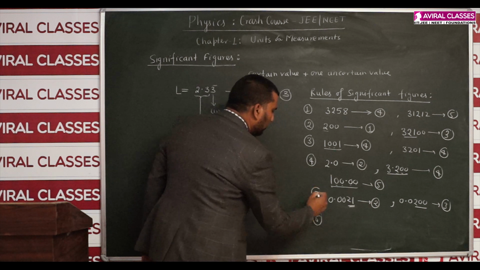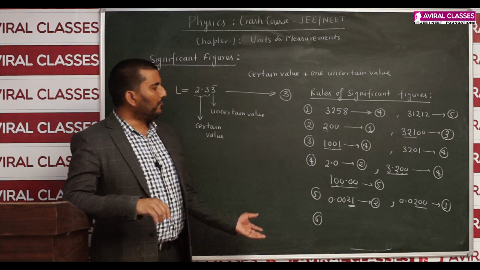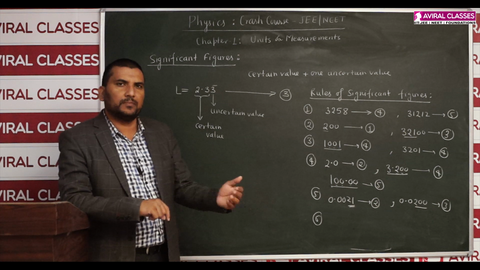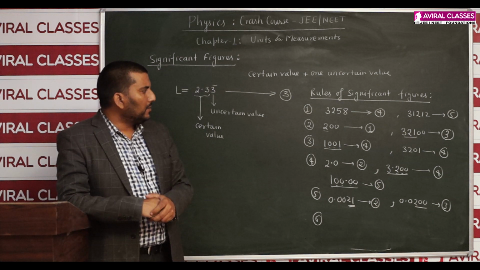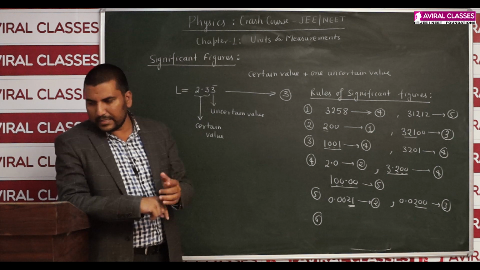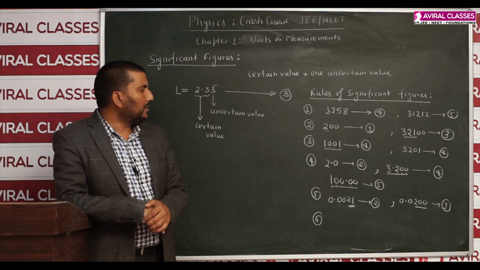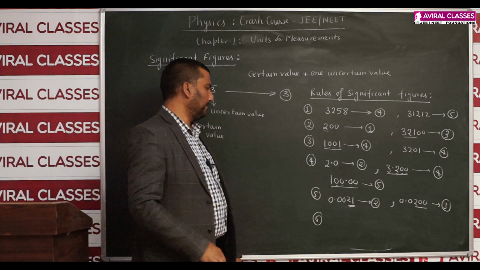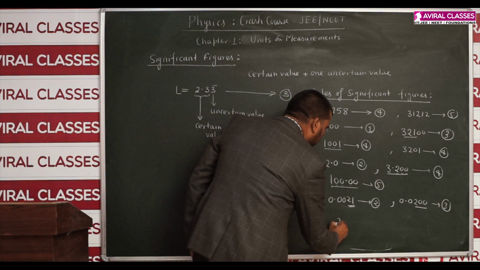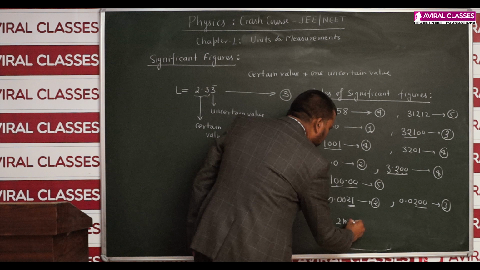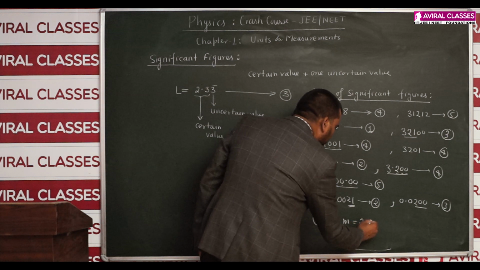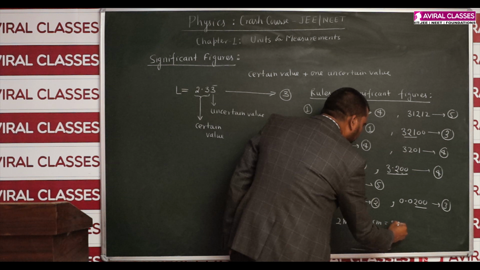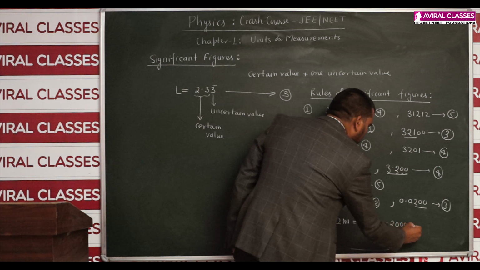Now the next rule. If we convert any value from one system to another system, then zeros will not be considered, and the number of significant figures will remain the same. For example, 2 meter is equal to 200 centimeter is equal to 2000 millimeter.